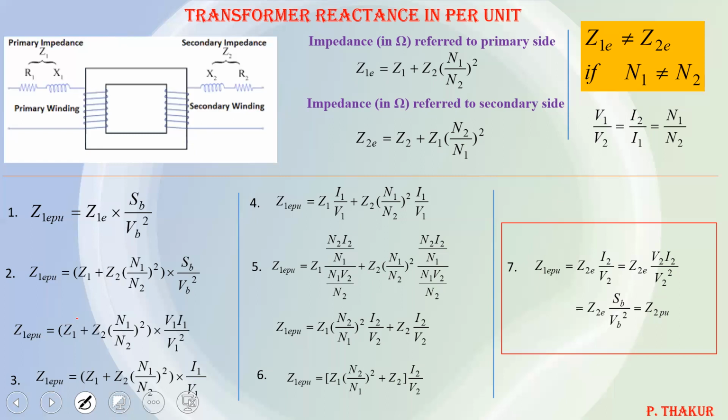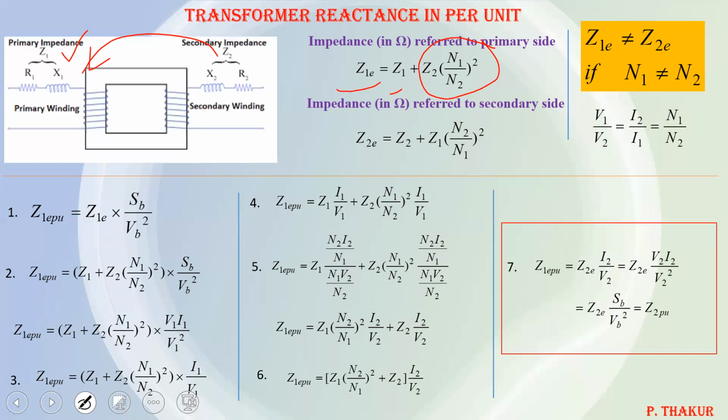The total impedance of the transformer referred to the primary will be the primary impedance plus the secondary impedance referred to the primary. So Z1E here is the total impedance of the transformer referred to the primary, which will be equal to Z1, the primary impedance, plus the secondary impedance referred to the primary. Already you know about this formula.